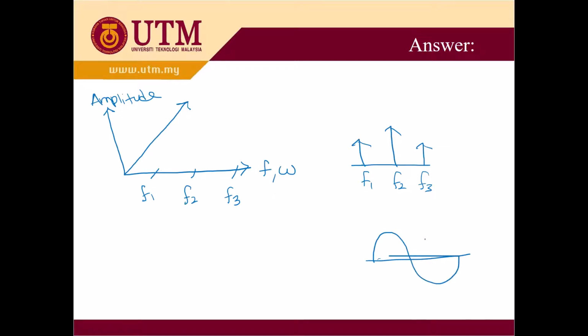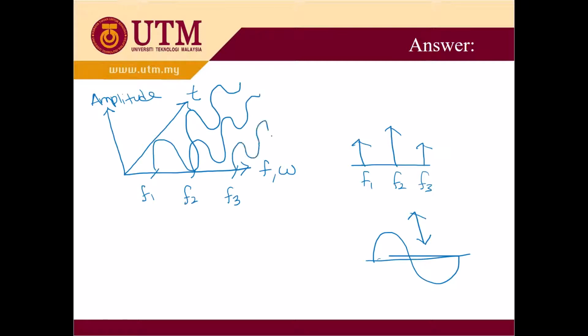Why is this different? It's just like which angle we will see. For example, this is the time domain t. At frequency 1, maybe at the lower frequency, we can see that the wave will go like this along this axis, and this one is another wave, and this one we have another wave.